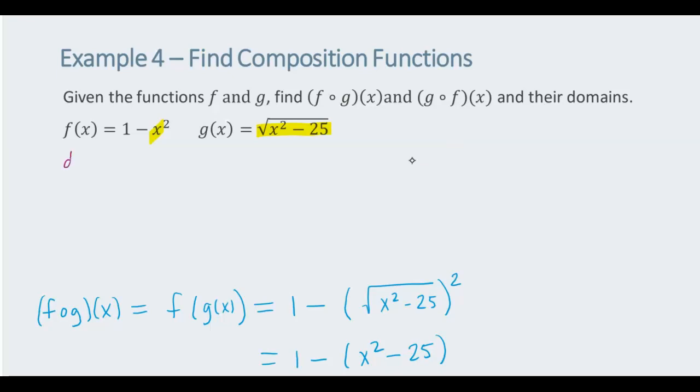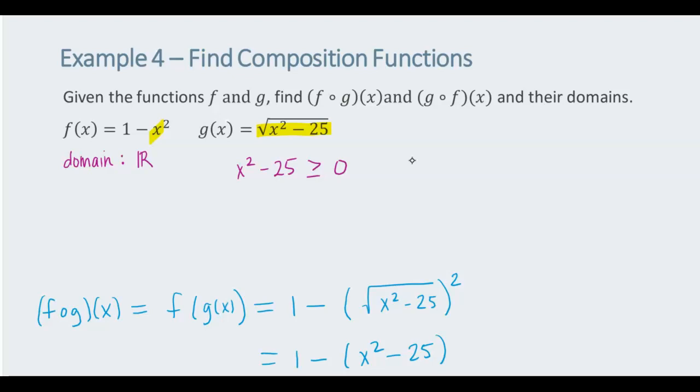This function has a domain of all real numbers because it's a polynomial. This one, because it's a square root, we need x squared minus 25 to be greater than or equal to 0. We can take the square root of 0, but the square root has to be a positive number.